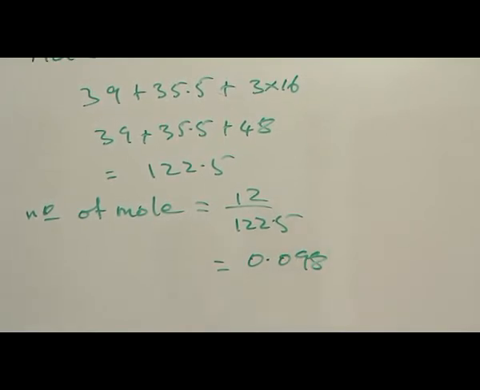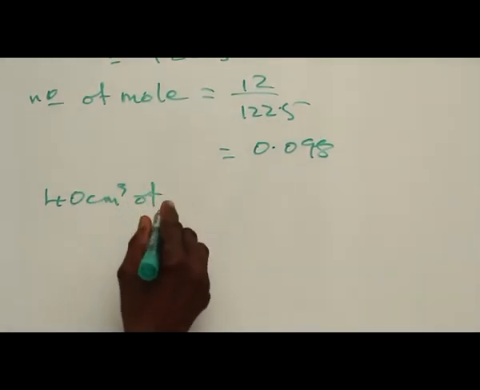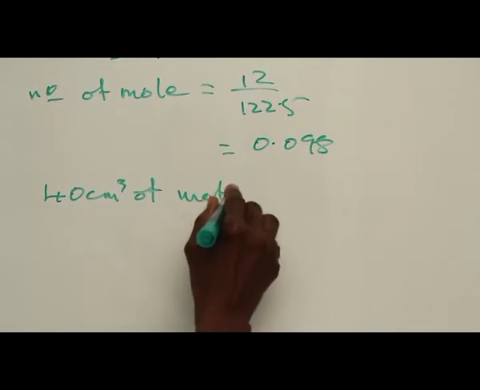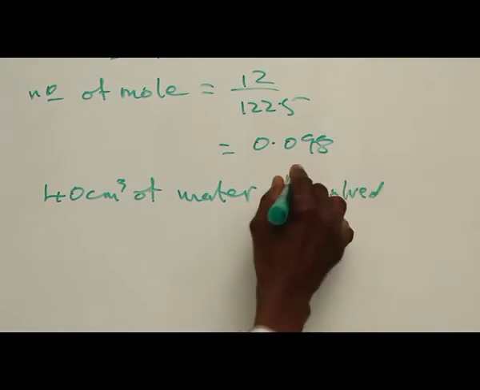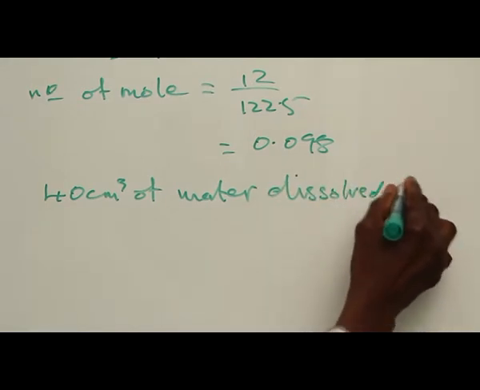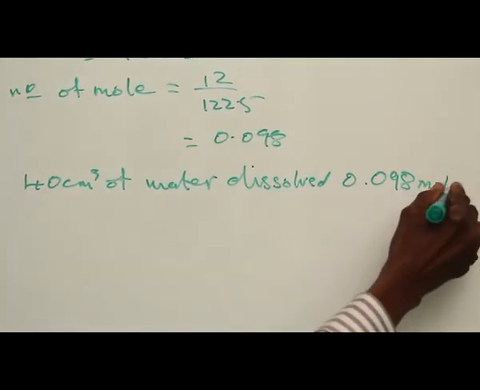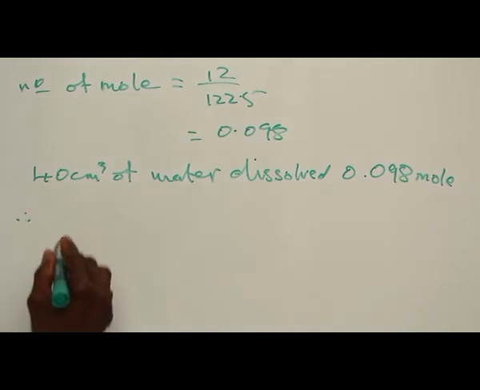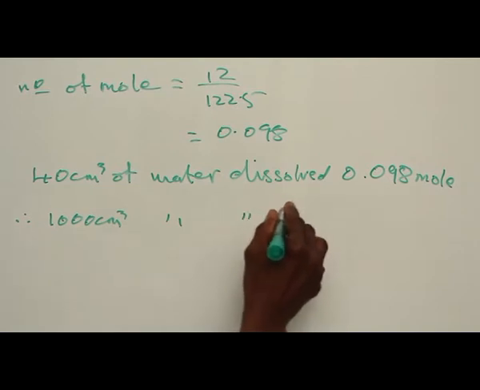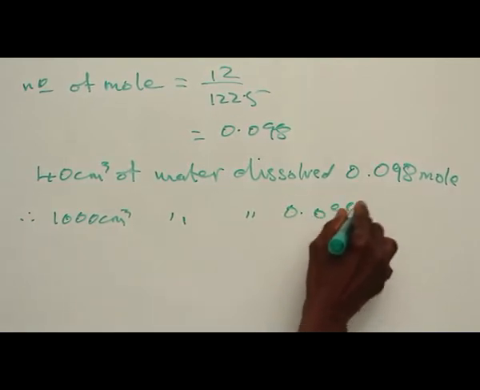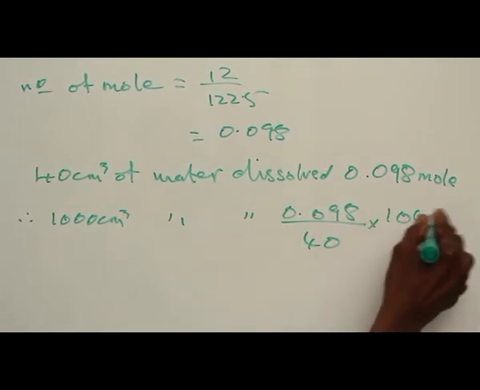And that gives us 0.098 moles. That is to say, 40 centimeter cube of water dissolved 0.098 mole of the salt. Therefore, solubility is normally calculated for 1,000 cm cube. 0.098 divided by 40 multiplied by 1,000.